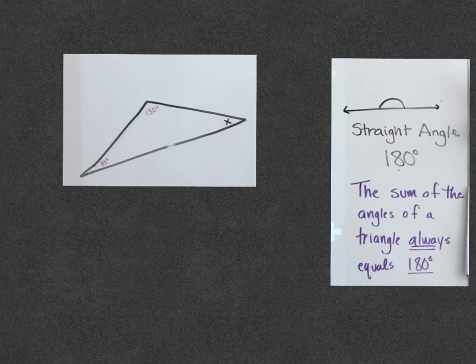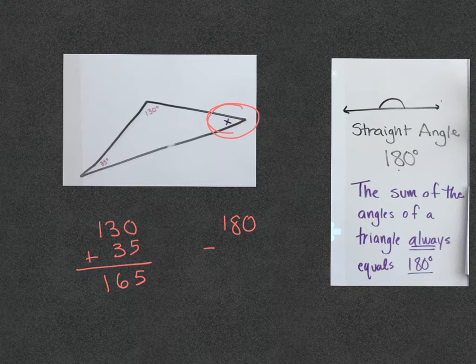Okay? So what's going to happen here is we have an unknown. Our straight angle is going to be equal to 180. The sum of all the angles in a triangle is always equal to 180. So we're going to use our math skills here. We have 130 plus 35, because those are the two angles that we know. We're going to try to find this unknown angle. So 130 plus 35 would be 165. Then we take what we know it has to equal, 180, and subtract what we know about those angles.